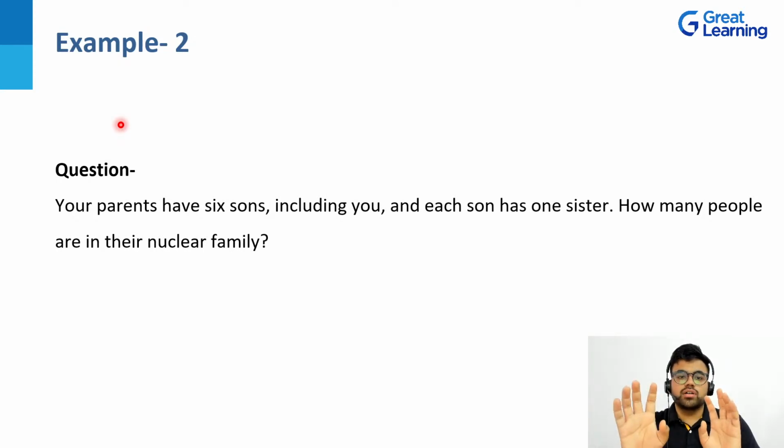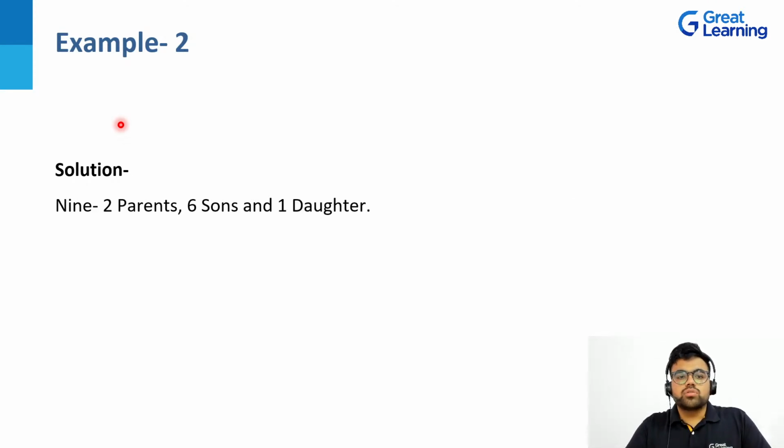Your parents, mother and father, have six sons, of which one is you. And each one of them has one sister, right? Now, how many people are there in the nuclear family? So 9 is the answer to it. How? Two parents, mother and father.